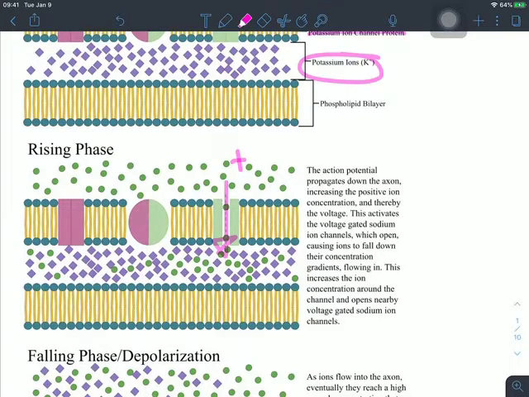When that positive ion pressure starts coming in, they fall down their concentration gradient because diffusion will want them to even out. And this causes a change in the overall charge on the inside of the cell.